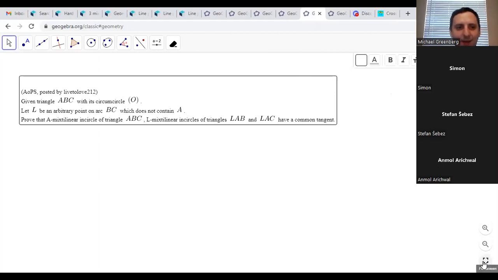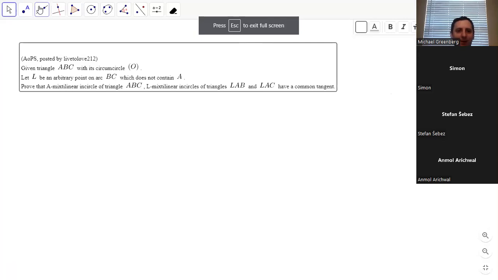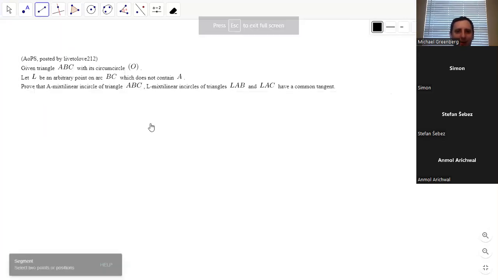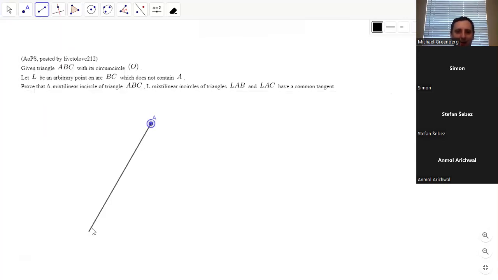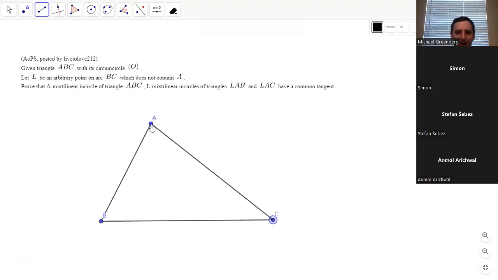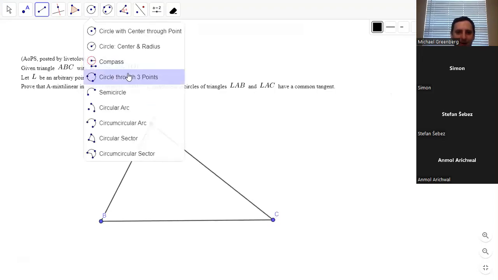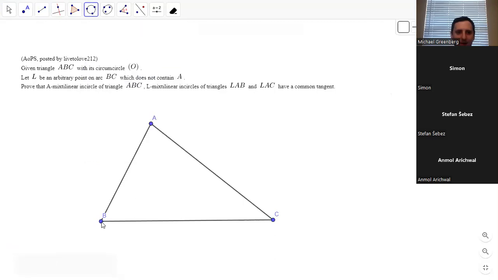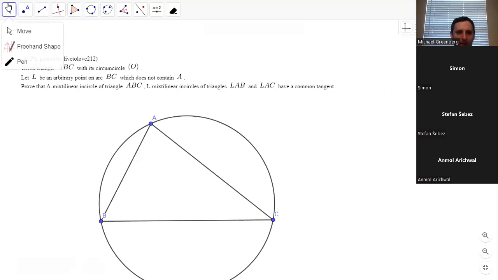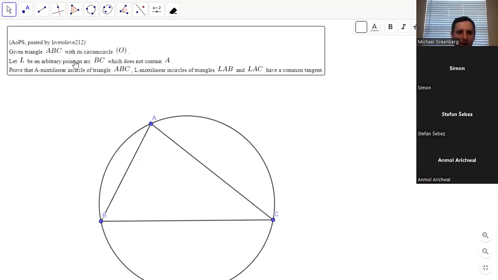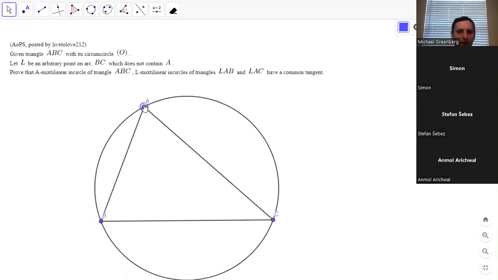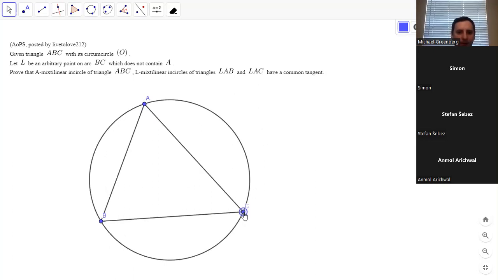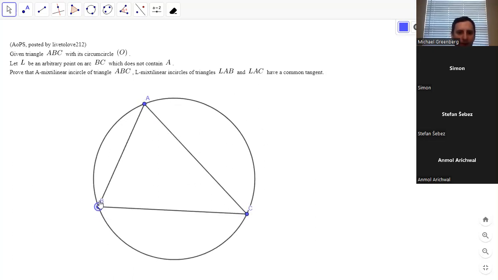Okay. So there's three different mixtilinear incircles here, and you want to show they have a common tangent. We pick an arbitrary point L on BC, so it's pretty interesting that L can be arbitrary.